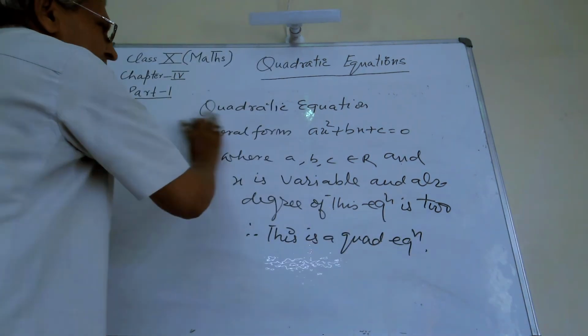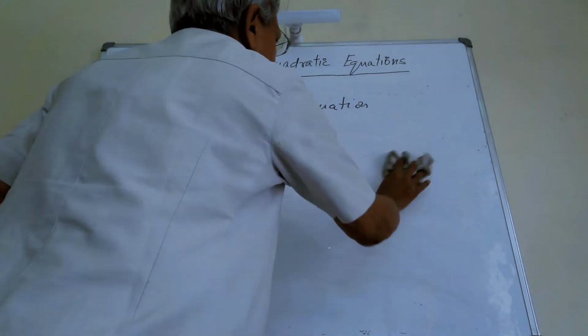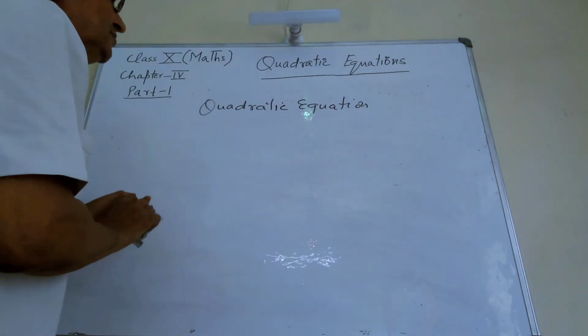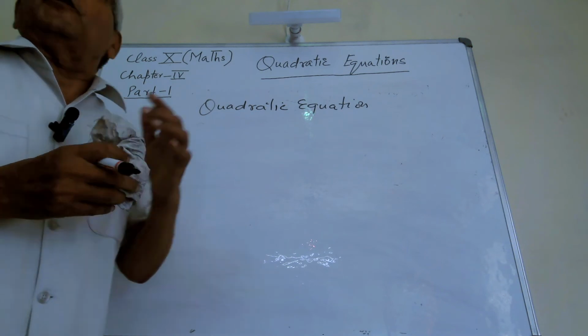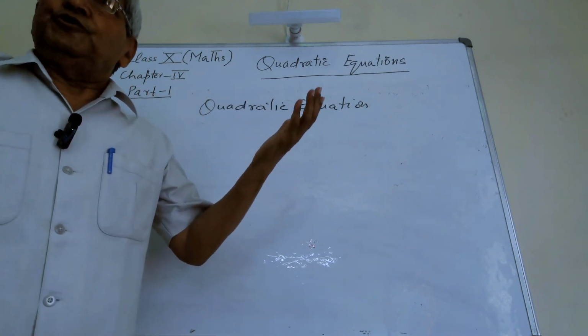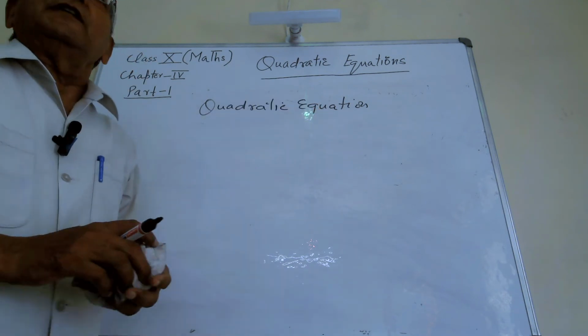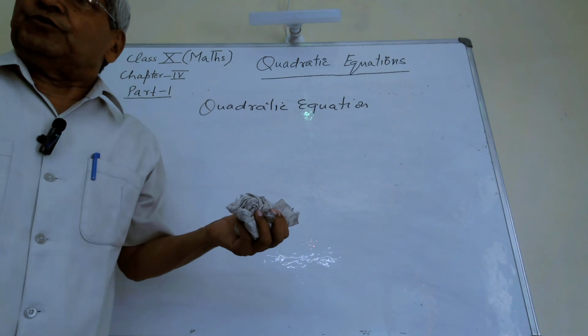Again, as you know, a quadratic polynomial has two zeros. In the same way, this quadratic equation can have two roots.